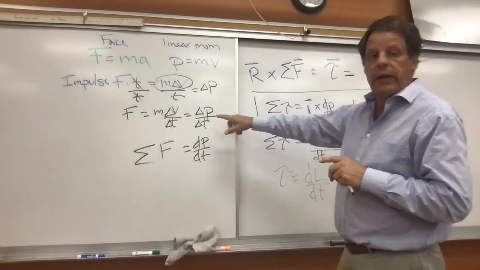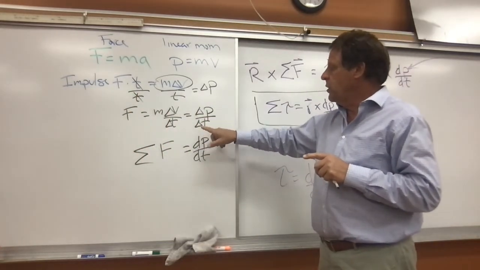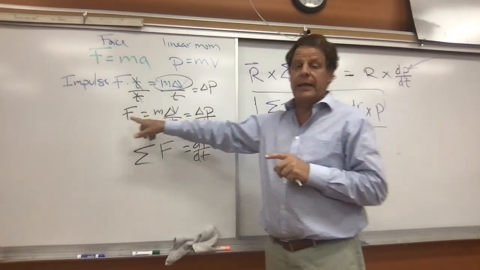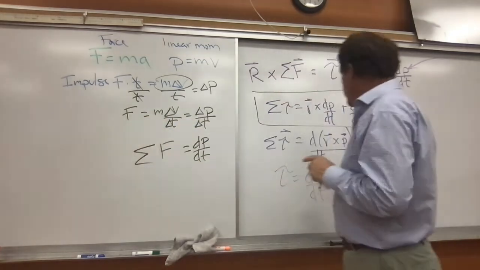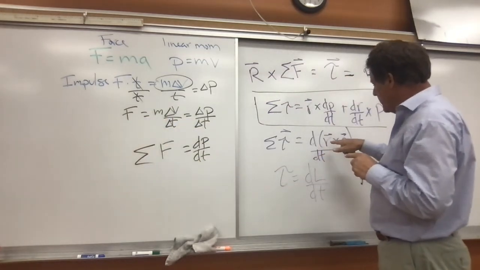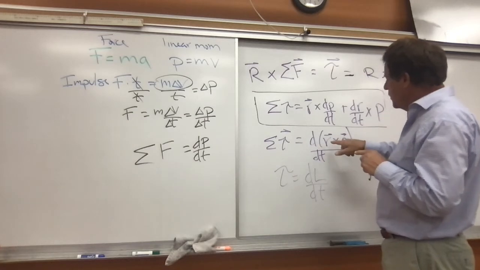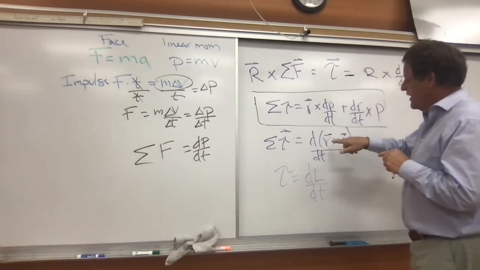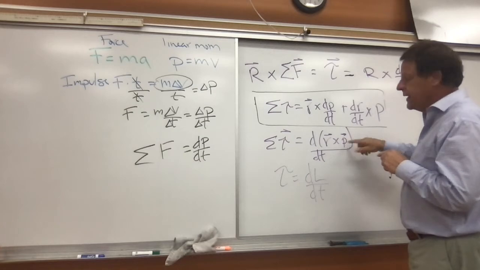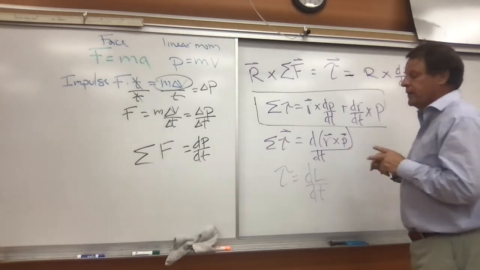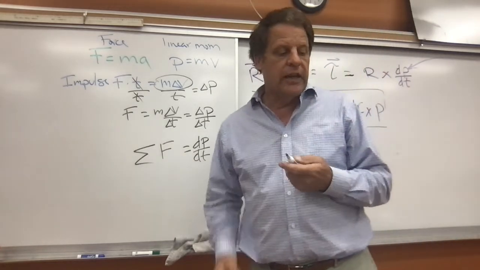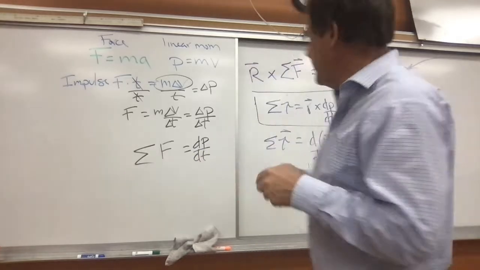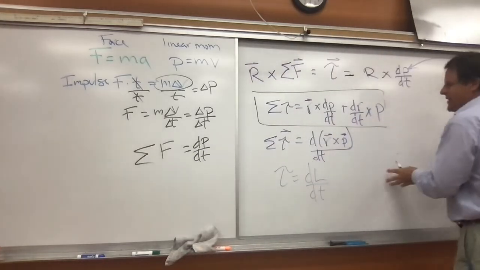So in the same way that we had change in momentum over the change in time from a linear force, now we can see here that the analogy of the r and p is going to give us angular momentum. Okay, so we're going to define this.